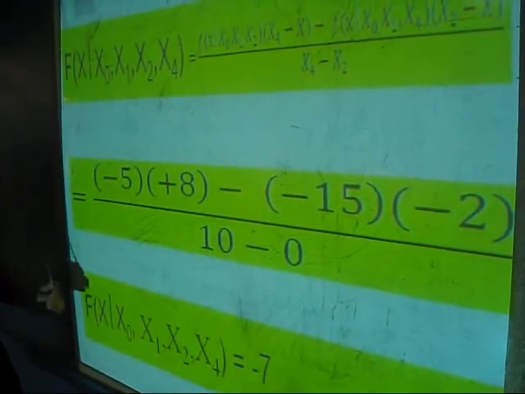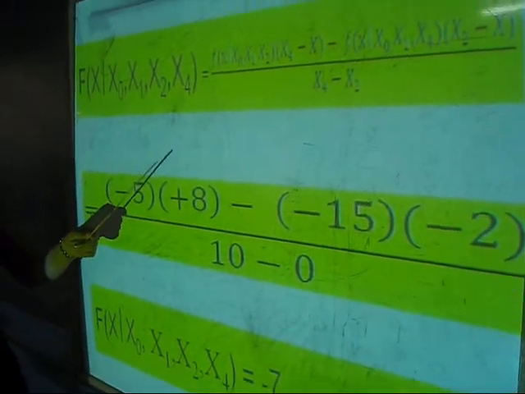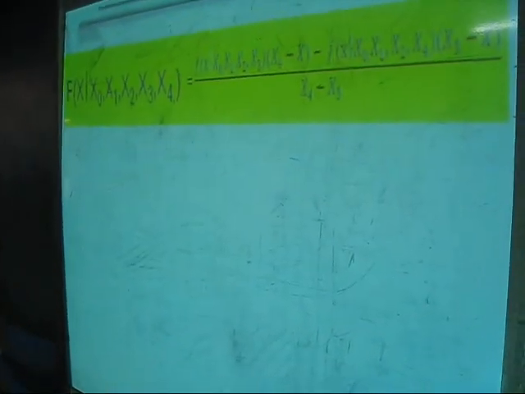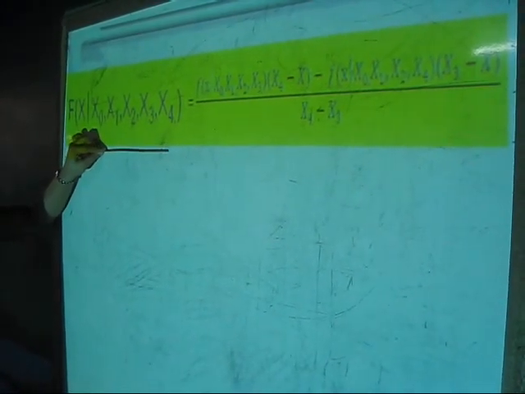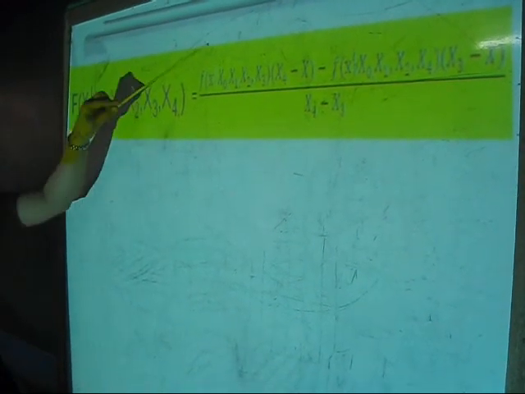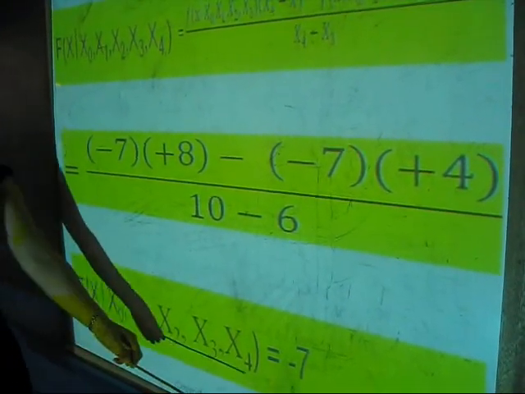That completes the third divided cross multiplication given 4 points. And then the last, the fourth divided difference given 5 points, applying again the formula and substituting the given values will result to -7.